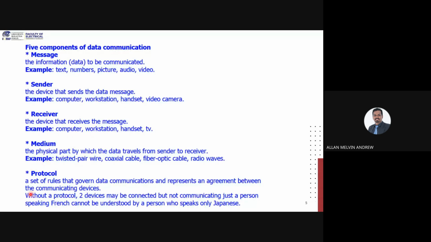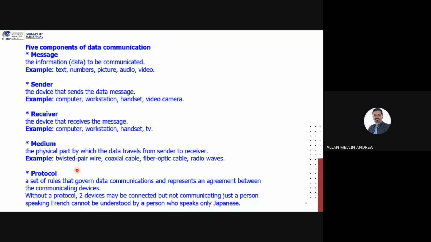And the last one is the protocol, a set of rules that govern data communication and represent an agreement between the communicating parties. These rules are important to govern, and govern means to control and to lead the data.